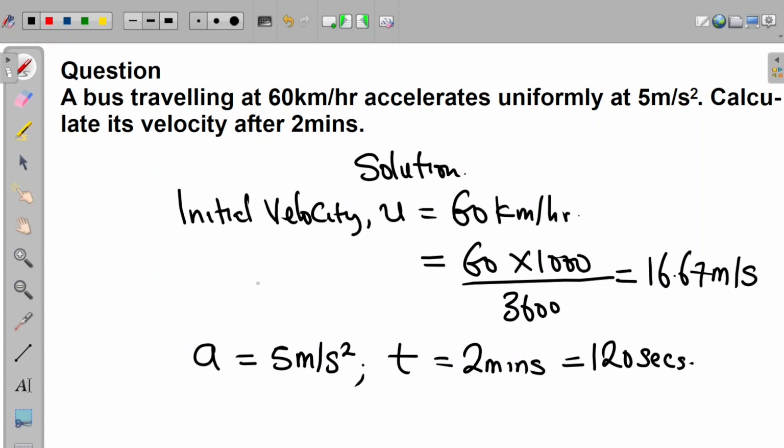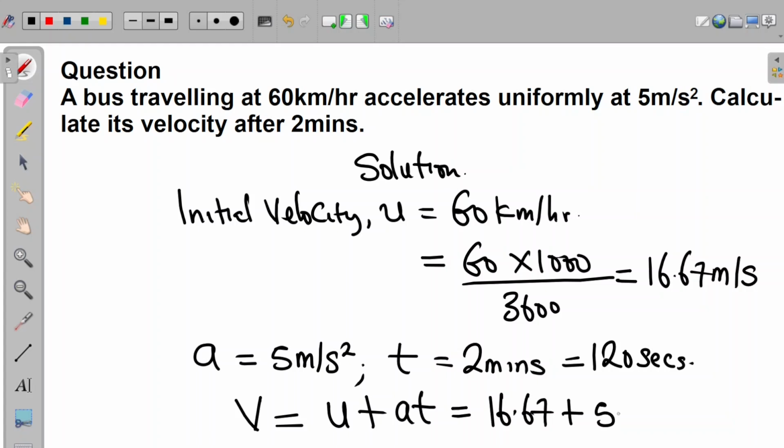Now we have to use an equation that relates these quantities together. And the equation we can use is the first equation of motion, which states that v is equal to u plus at. So at this point, we can substitute our values. So we have that this becomes 16.67 plus 5 times 120.